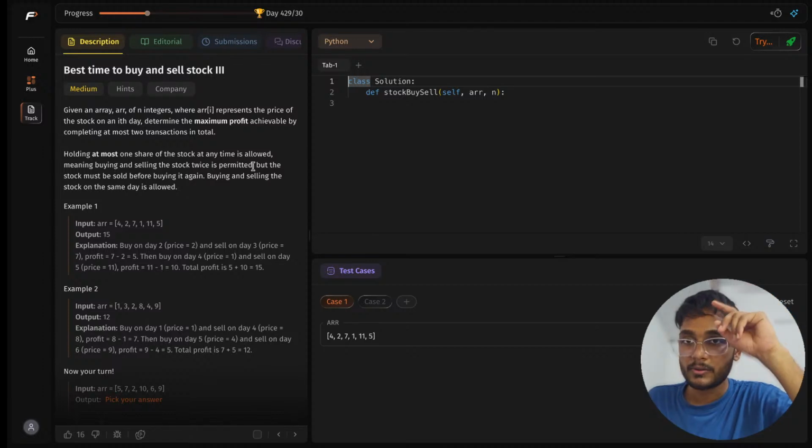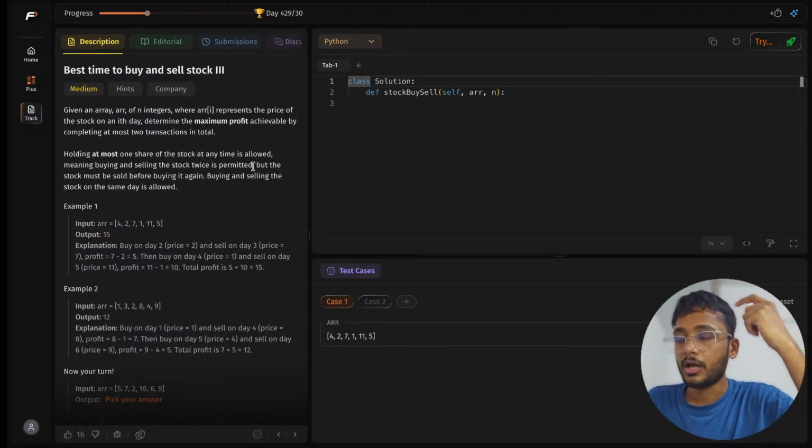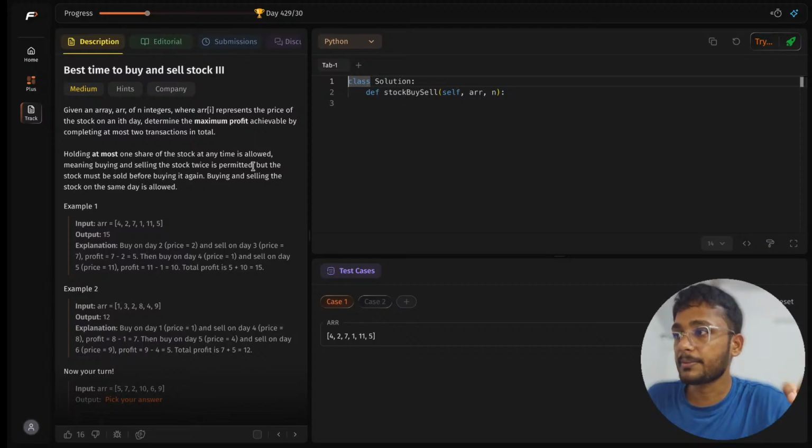In the second one, you can buy any number of times, sell any number of times, and buy and sell on the same day. And in the third problem, you can buy and sell 2 times, but still the condition is the same: you have to buy the stock, then sell it, and only after selling can you buy again. You can buy on the same day. That is allowed.